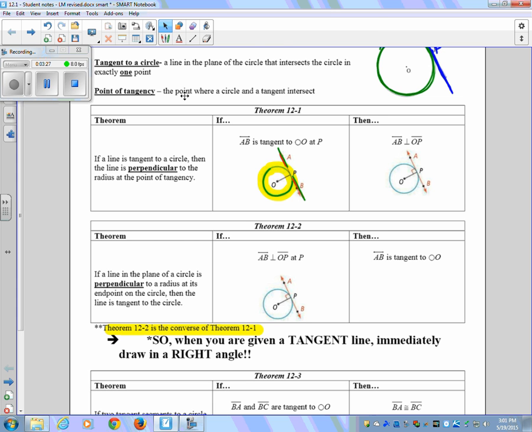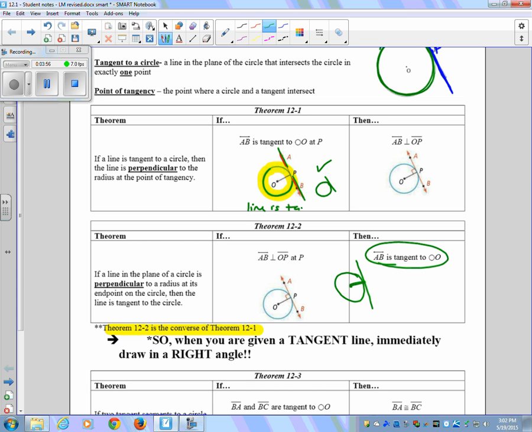Down here, we're given the circle and a radius, and then we're told this line is drawn so that it's got one point on the radius. Therefore, we can conclude that it must be a tangent line. So basically, the given information up here is that the line is tangent.